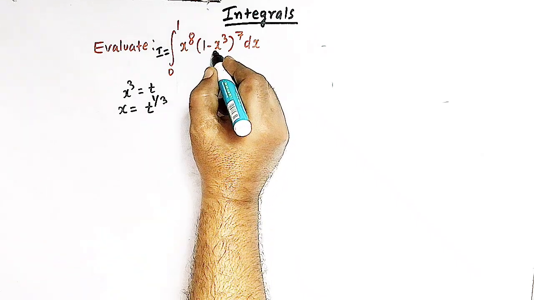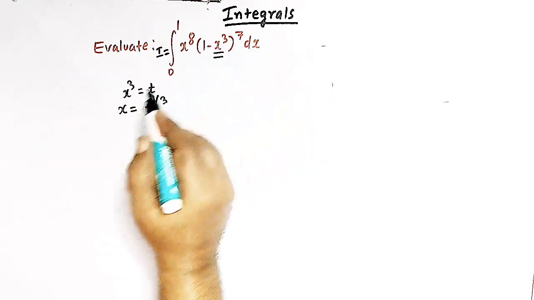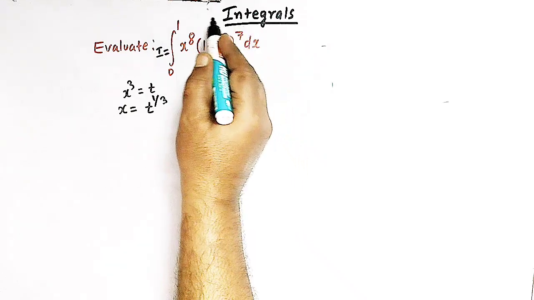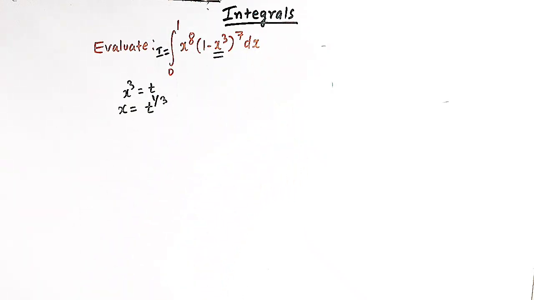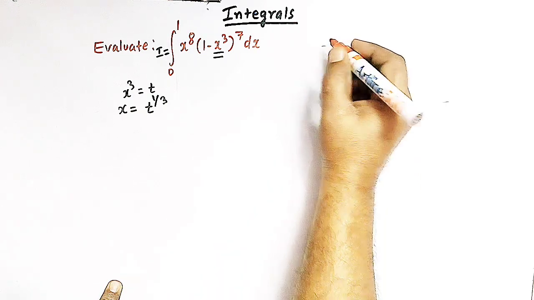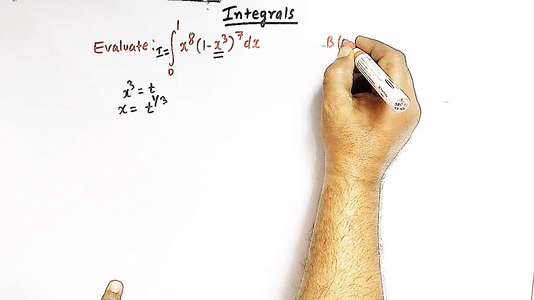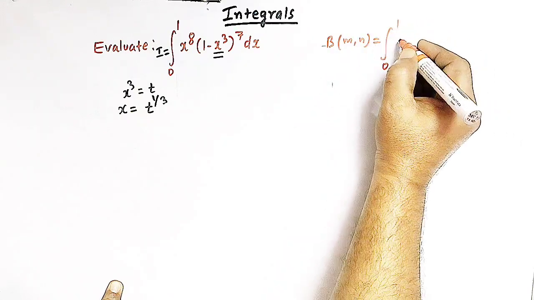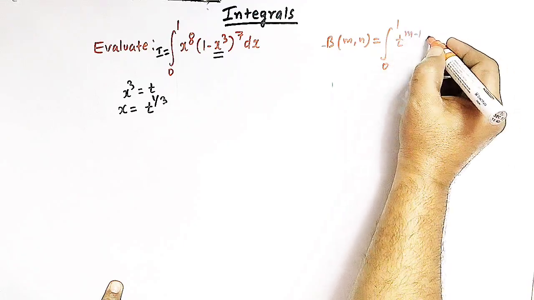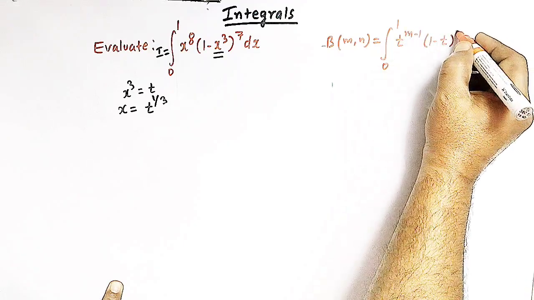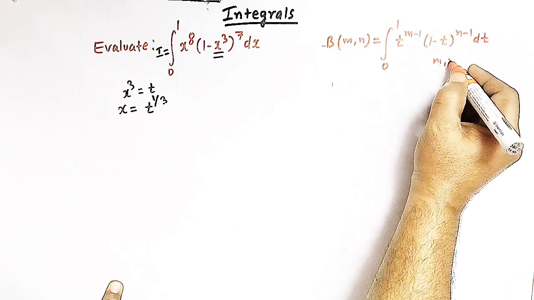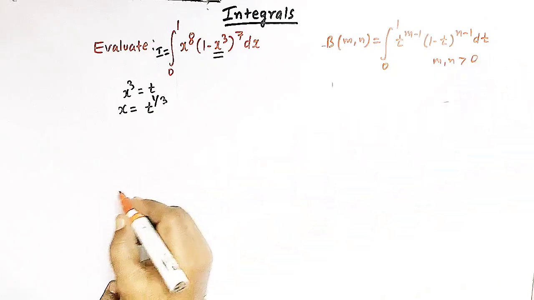So what we have done here, we are making this substitution x cube is equal to t in order to convert this integral into the beta function, and the beta function is defined like this, that is beta(m, n) is given by this integral, that is 0 to 1 t raised to m minus 1 and (1 minus t) raised to n minus 1 dt, where m and n are both greater than 0, right?